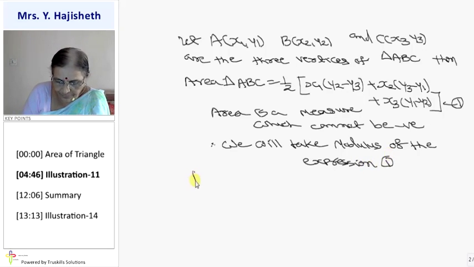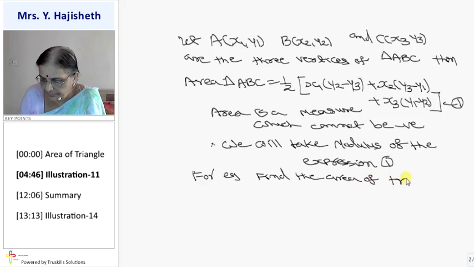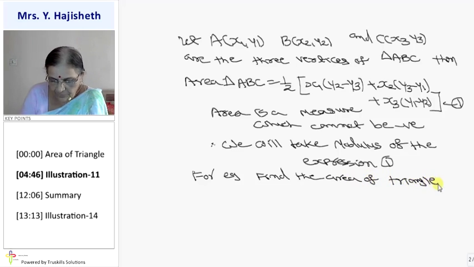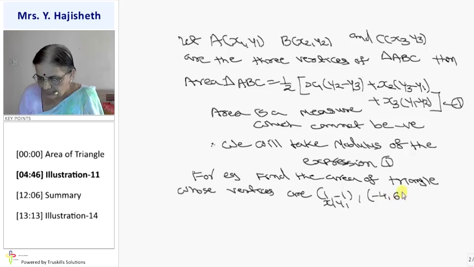For example, find the area of triangle whose vertices are (-1, -1), which I consider as x1, y1. Then (-4, 6), which I consider as x2, y2.